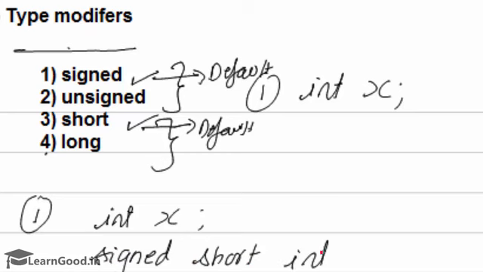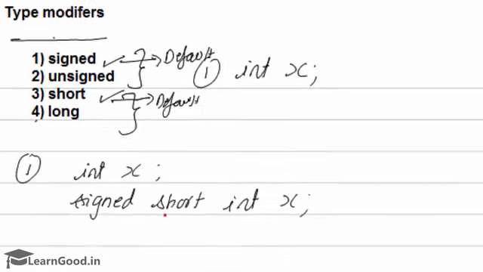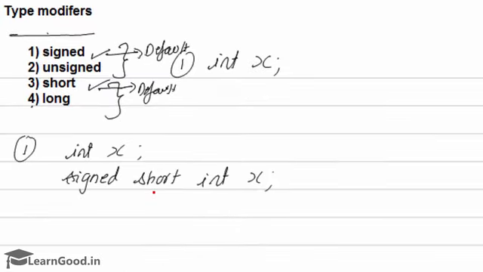short int x. When it is signed, the last bit will be used as a sign bit, and with short, we are asking it to occupy 2 bytes. But if you apply unsigned, then there won't be any sign bit; all the bits will be used as data bits.